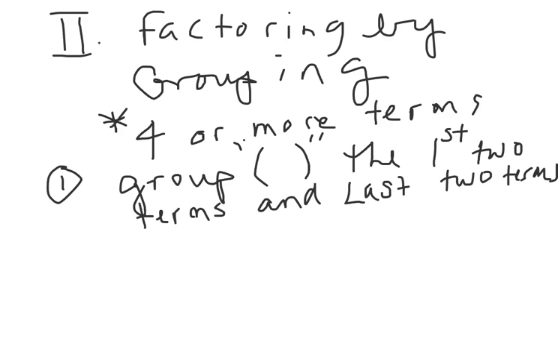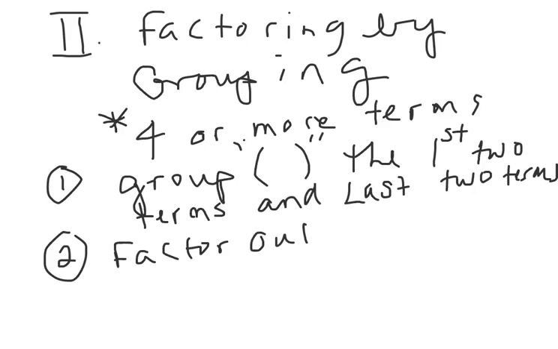Now, every once in a while, you may have to rewrite the polynomial so you do have terms next to each other that have something in common, but that rarely happens. Typically, you can group the first two, group the last two. That just means you put parentheses around the first two terms, put parentheses around the last two terms. Step 2, you're going to factor out the GCF, there it is again, from each group.